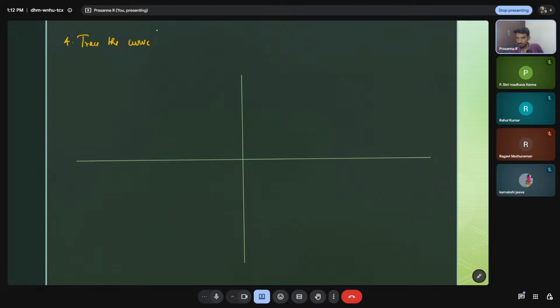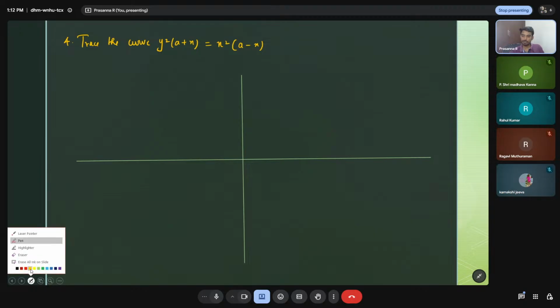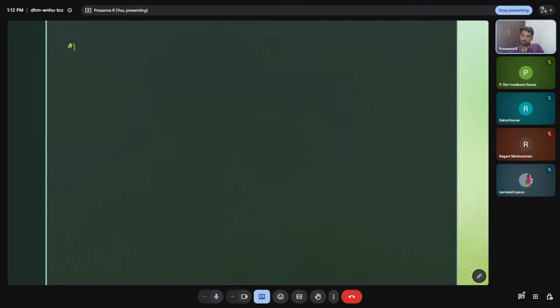Trace the curve y square into a plus x equal to x square into a minus x, right? So we'll do this fast. We'll check for symmetry.